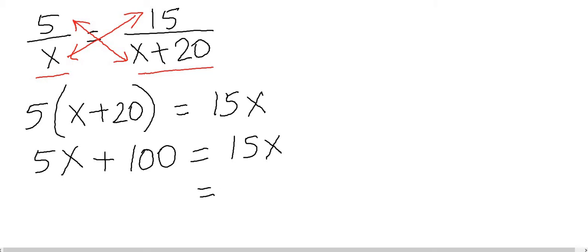So I'll just bring 5x to the right. It becomes minus 5x. So I'm left with 10x on the right. And on the left, I still have the 100.